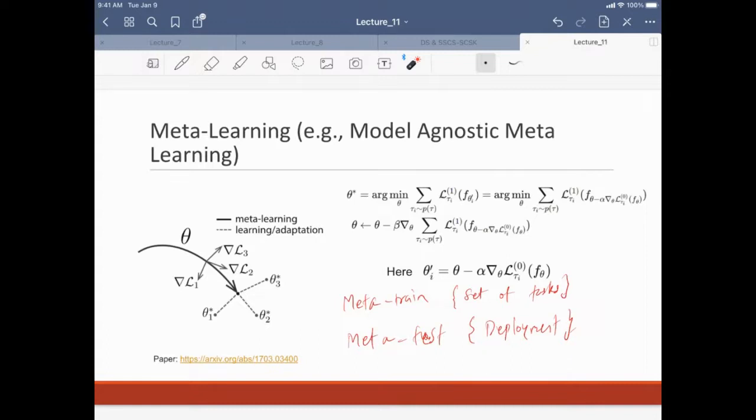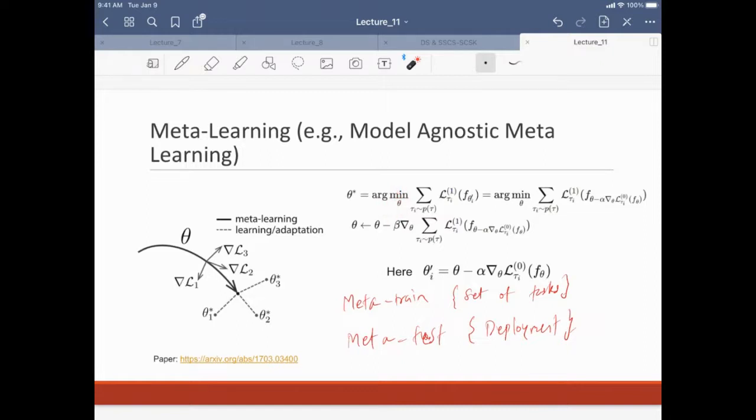So the main idea of MAML, which is model agnostic meta learning, is that I want to take, say, one gradient step in each of these meta training tasks, right? And after taking one gradient step, so this is my loss that takes one gradient step, I want to make sure that my model initialization is good.